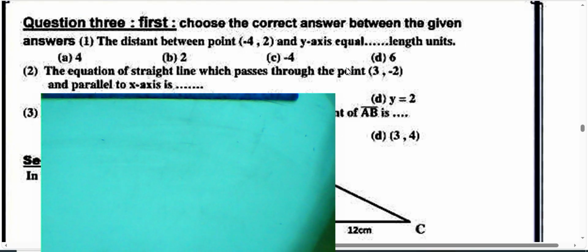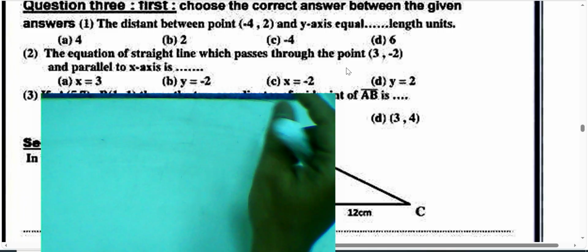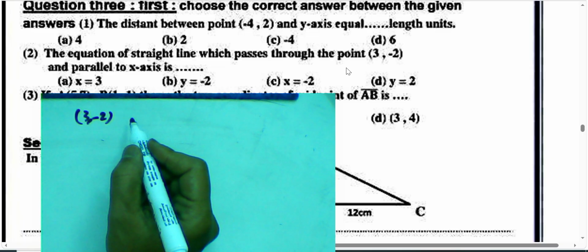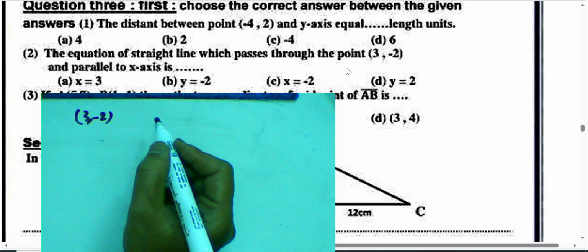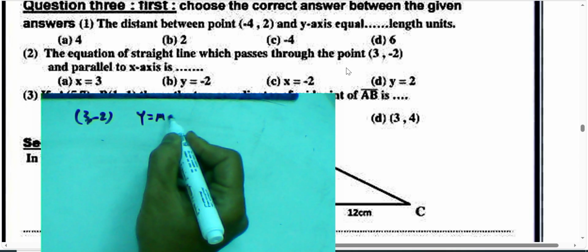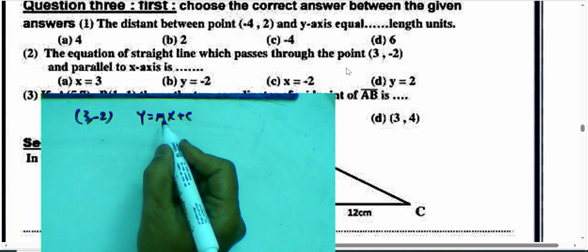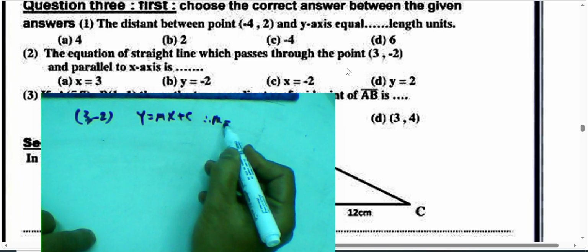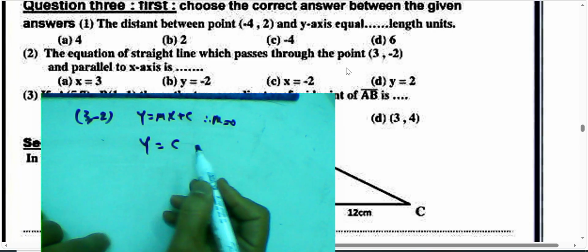Next question. The equation of a straight line that passes through point (3, -2) and is parallel to the x-axis. Parallel to the x-axis means the slope equals 0. If y equals mx plus constant, then m will be 0, so y will be constant.